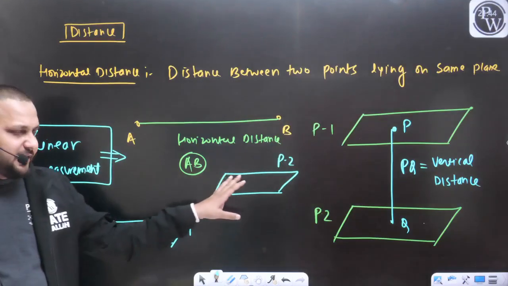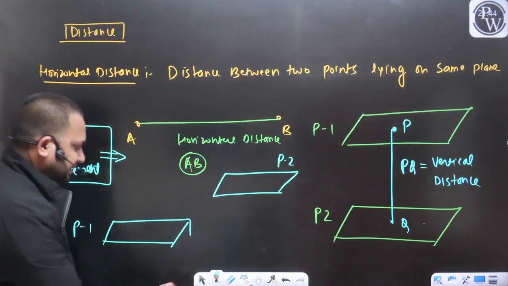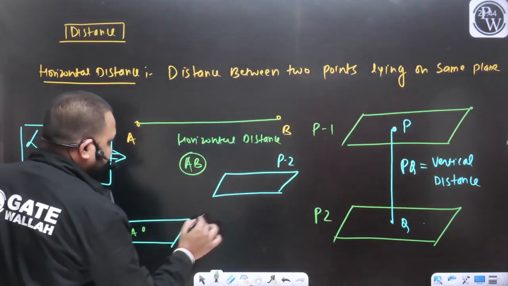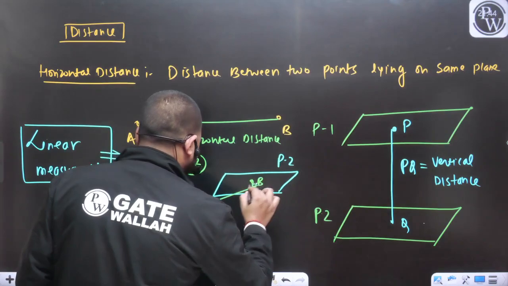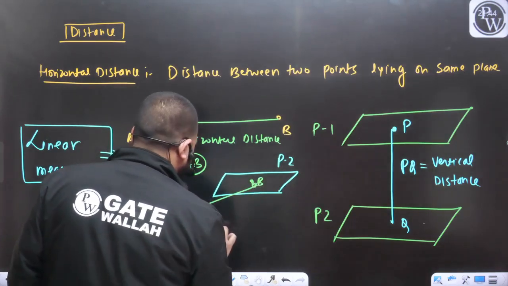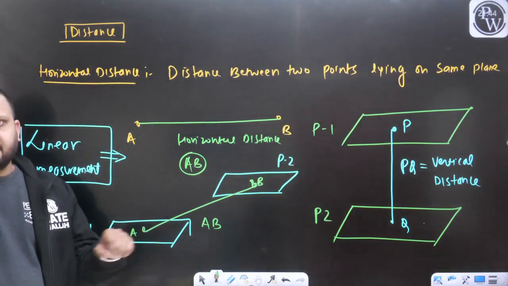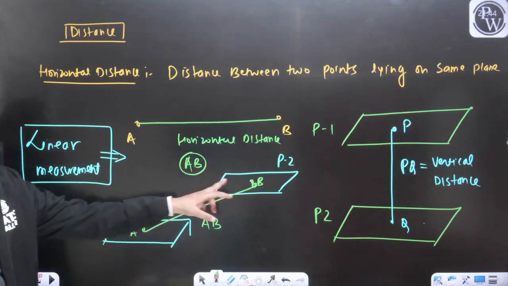These are two different planes, plane 1 and plane 2. Sir, let's say I am considering this point as point A and this point as point B. Sir, what about this distance AB? Will this be the horizontal distance or the vertical distance?